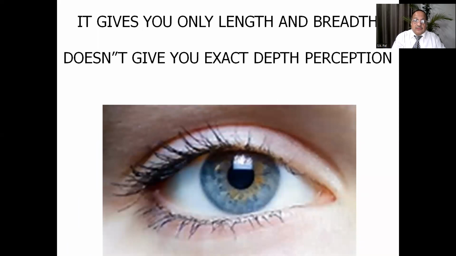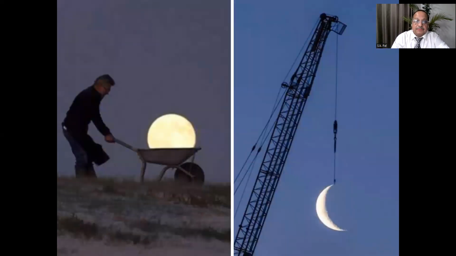One eye, or one view of the C-arm, gives you only the length and breadth. It does not give you exact depth perception. What I am saying is clear from this picture taken with the camera. If you are standing here and taking this picture, this moon appears to be in the cart.